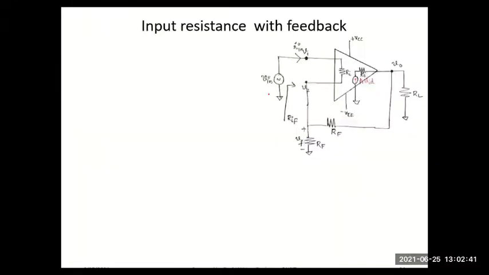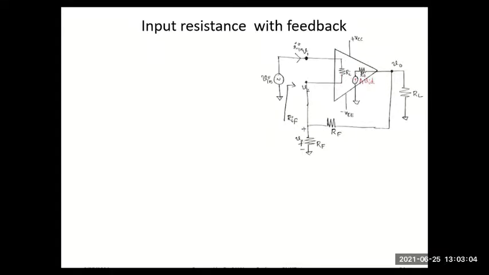Okay. So let's try to find the input resistance. As I was trying to bring it to your notice, to find this input resistance, we are representing the input of the op-amp with its Thevenin's equivalent circuit. You can see the input of op-amp is the internal diagram.